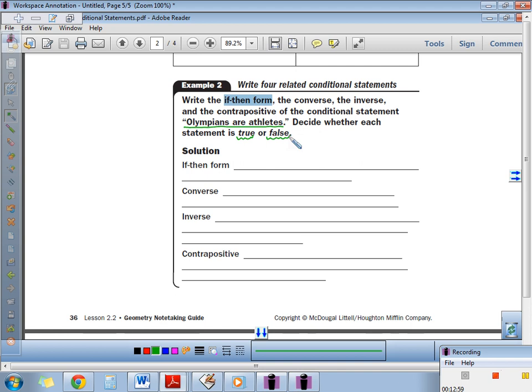Let's try it together. First thing we got to do is we have to turn this statement up here into an if-then statement. Who thinks they know what that is? Go ahead in the back.